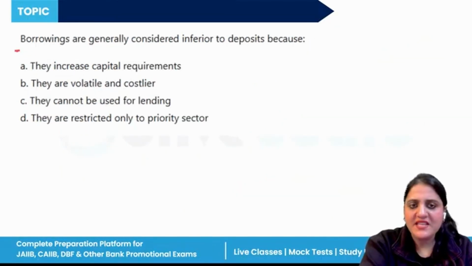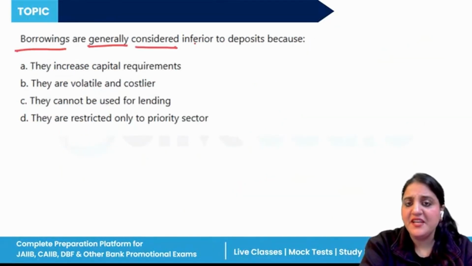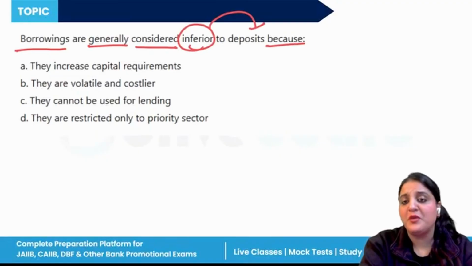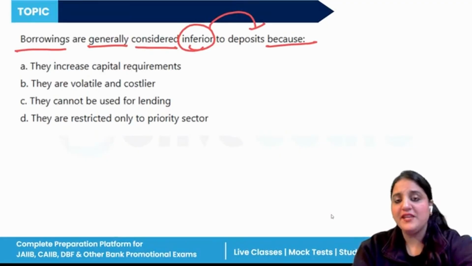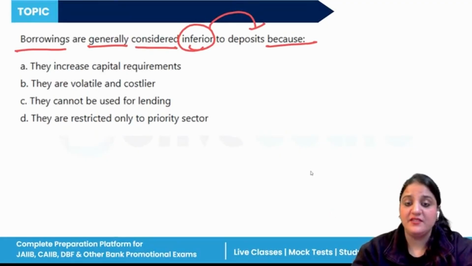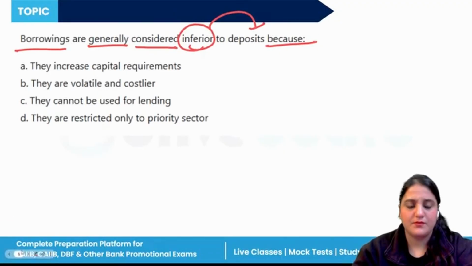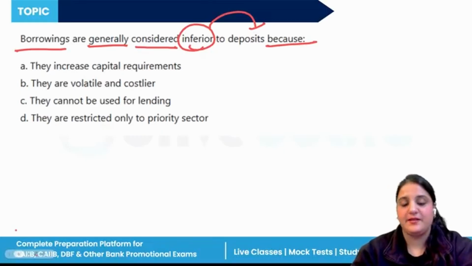Now, borrowings are generally considered inferior to deposits. But why? If we relate to the deposits, which answer is correct?